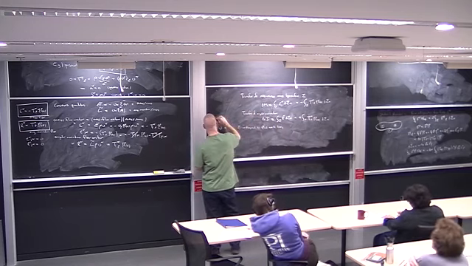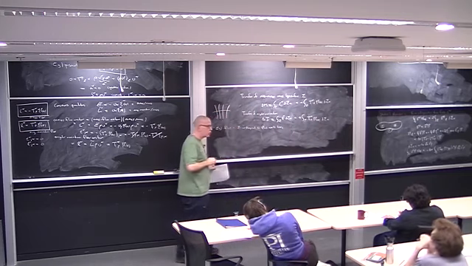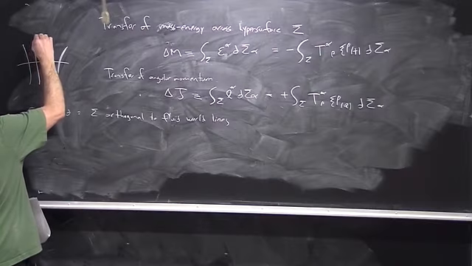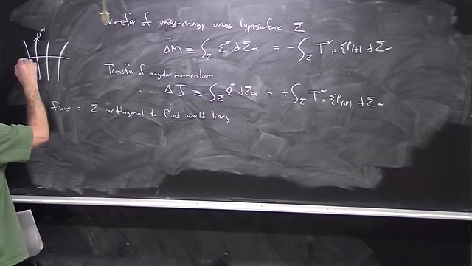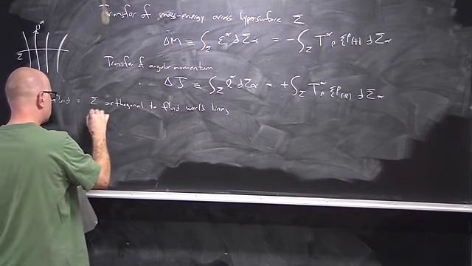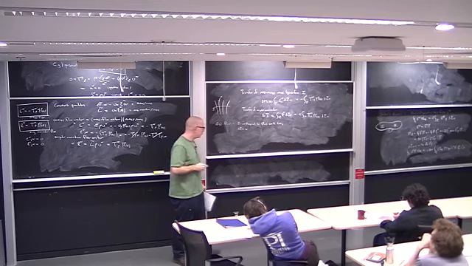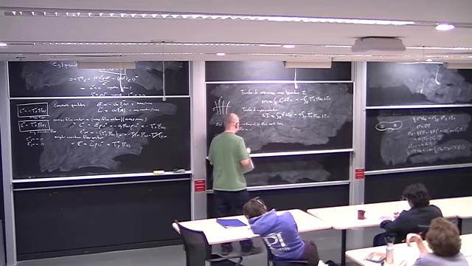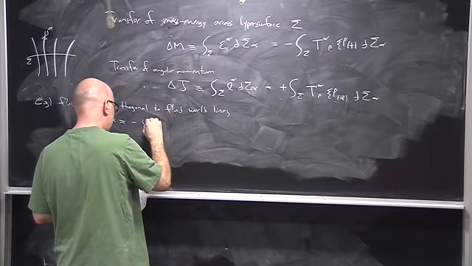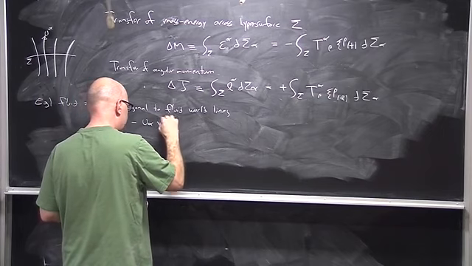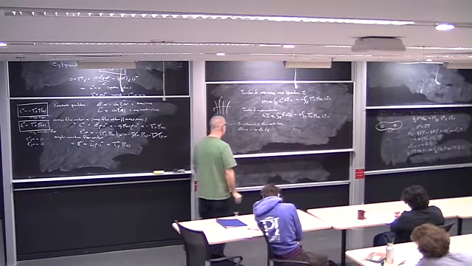So my fluid world lines would give me a congruence of geodesics in my spacetime, and here I'm imagining that they're hypersurface orthogonal, and I'm calculating the transfer of mass across that hypersurface. The surface element on that hypersurface will be in the direction of the normal, which is aligned with the velocity vector. So I get the usual minus sign because, again, it's that epsilon thing that always occurs. So I have a surface element that's aligned with the velocity vector, and then I get the usual thing involving the square root of the induced metric on the hypersurface, and I'm integrating over the hypersurface.